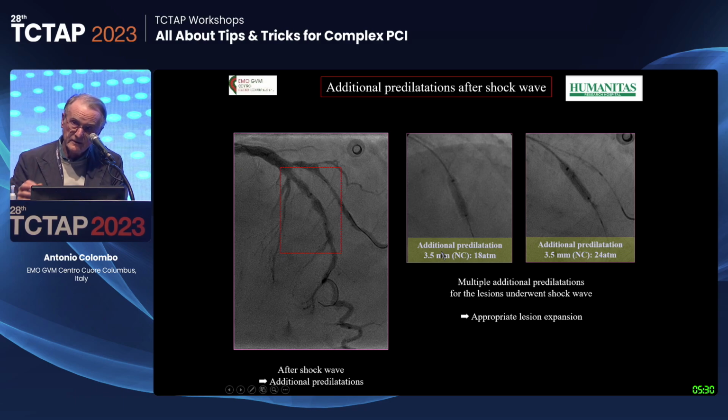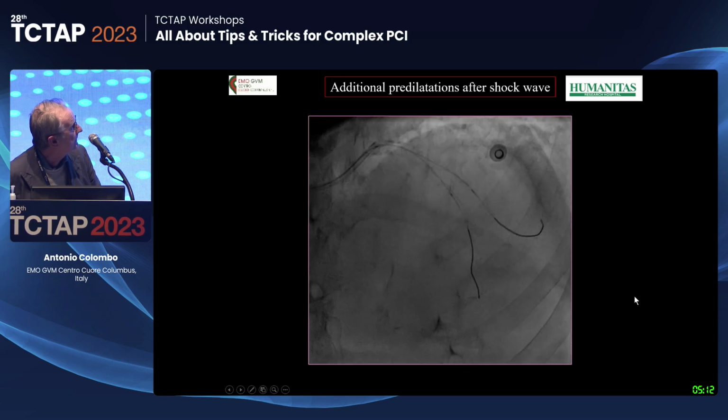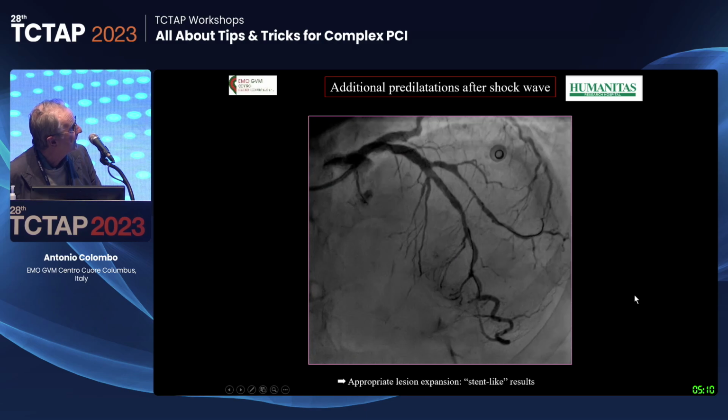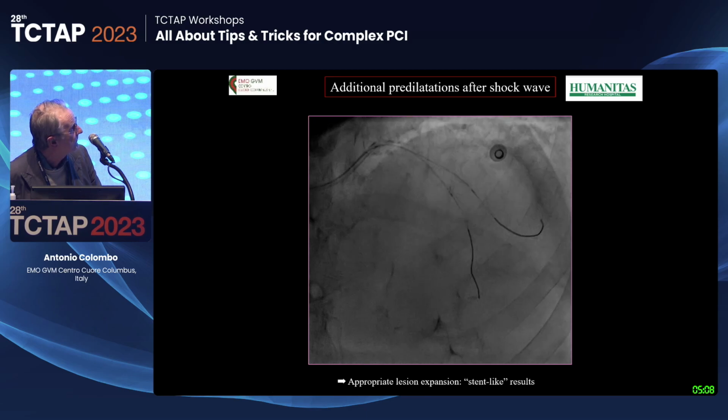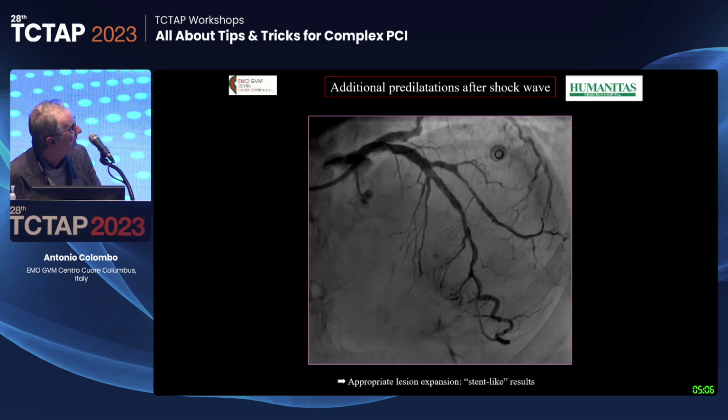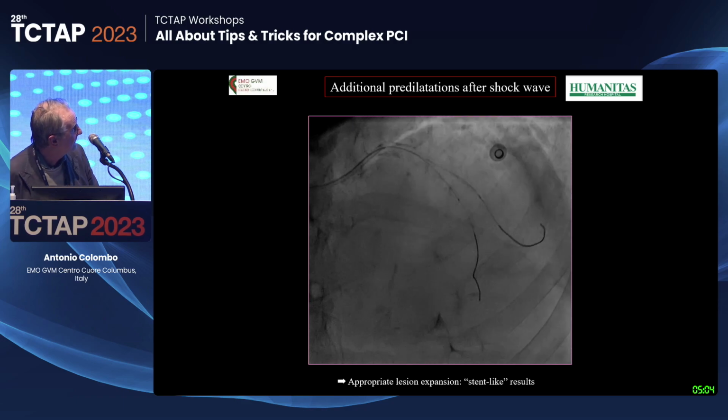It means that the lesion was prepared, but not completely, and that's the reason why you need high-pressure inflation. We go up to 24 atmospheres, and again, I'm not so sure that if you did this before the Shockwave, you would have had the same result. And this, after high-pressure expansion, the result is pretty good. Maybe you don't even need a stent.